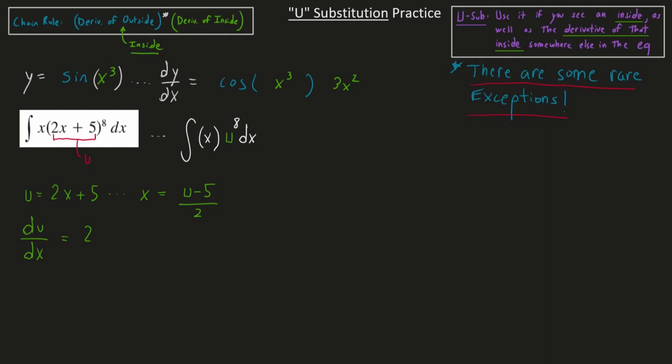So, now that x is by itself, I can just write this guy instead of writing this x up here. And that's how I'm going to get this x out and u in. I don't use the derivative like I normally would, because the derivative of that u is not elsewhere in this equation. The weird thing is, I go back to my original u choice to help make it happen.